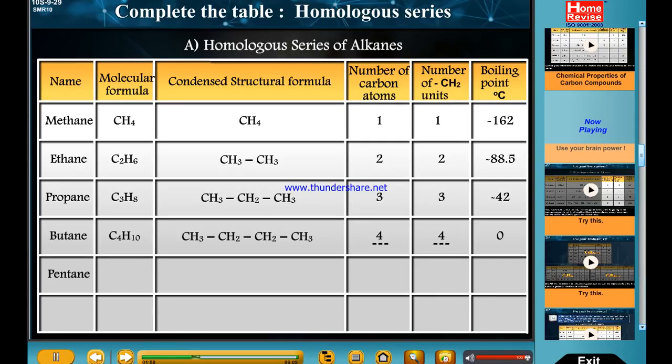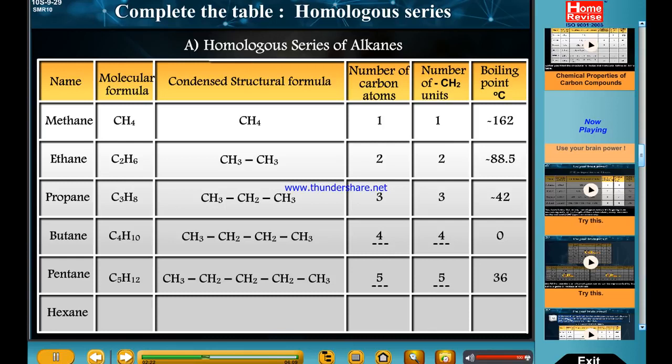Pentane, molecular formula C5H12, condensed structural formula CH3CH2CH2CH2CH3. Number of carbon atoms 5. Number of CH2 units 5. Boiling point 36 degrees Celsius.